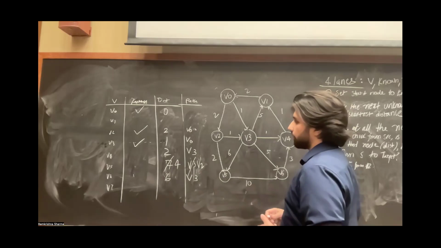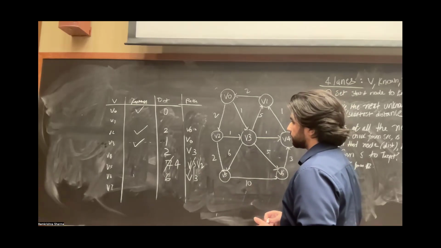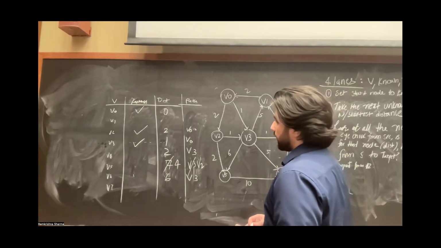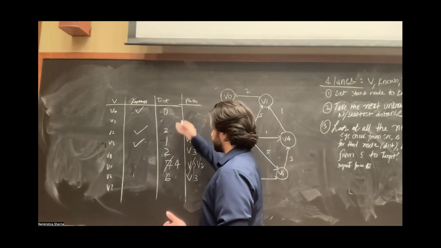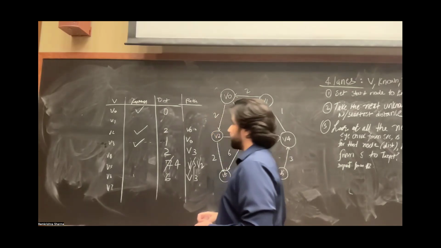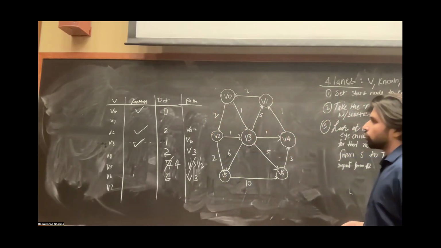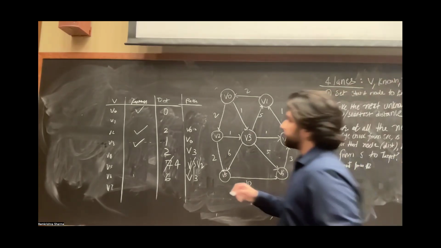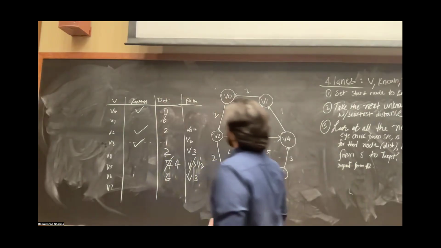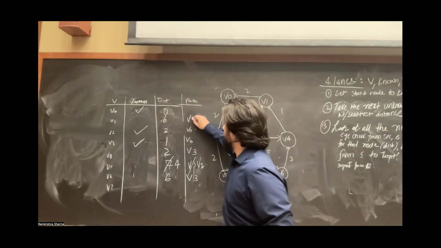Take the next unknown node, shortest distance. In this case, 2 and 4 and 6, and nothing yet for V1. Which is unusual, since when we were processing V3, V1 should have gotten a distance of 6. So I'll go ahead and record that.